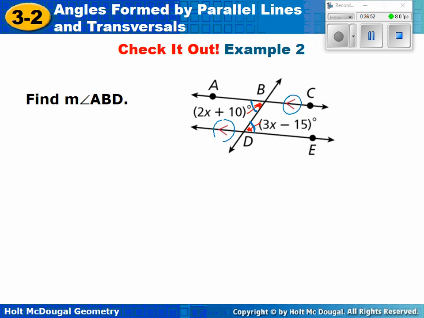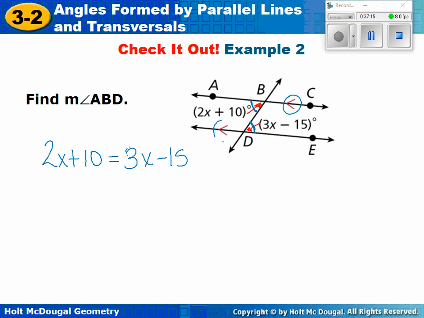So we should say 2x plus 10 equals 3x minus 15. Okay, so you're either going to be setting them equal or adding them and setting them equal to 180. And you've got to recognize when to do which. Are you good, Jaden? Okay, feels good to be right.